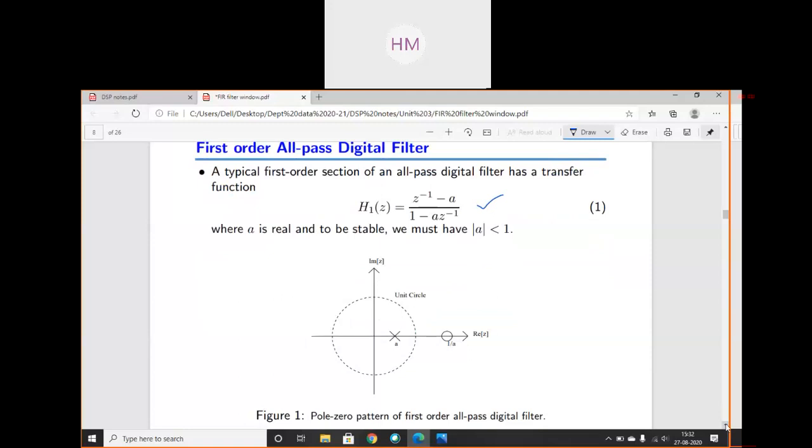So here my pole lies at, where is my pole in this equation? Where is the pole?